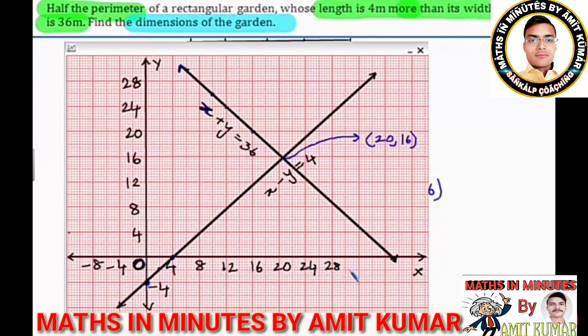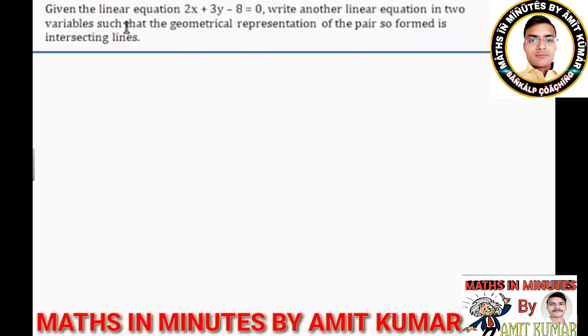Now let's move to question number 6, part 1, which is saying: given the linear equation 2x plus 3y minus 8 is equal to 0, write another linear equation in two variables such that the geometrical representation of the pair so formed is intersecting lines.